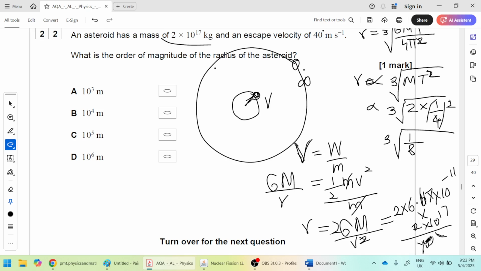So get the answer, then get the order of magnitude of that. 220 divided by, 8337. So 8.337 into 10 to the power 3.